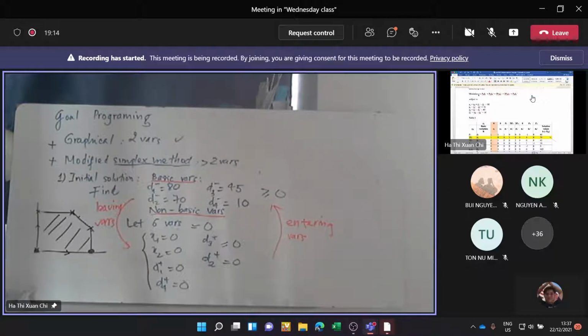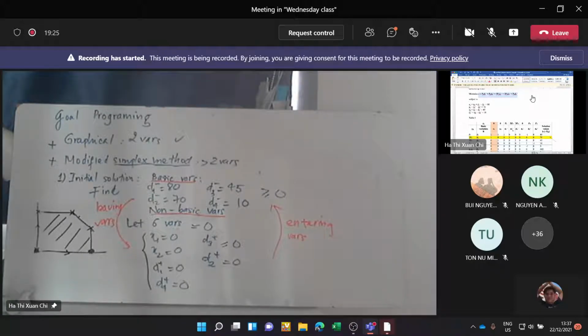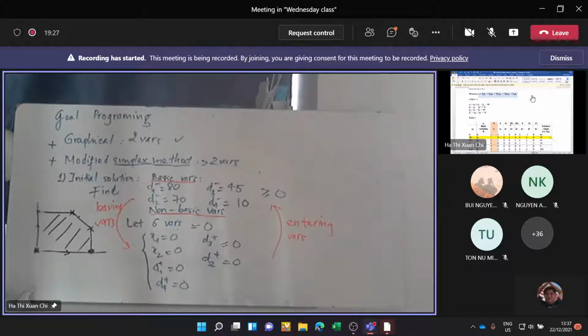Look at the coefficients of the objective. x2, no coefficient. D1 minus has coefficient P1. And D2 has coefficient 5 P3, and 3 P3, 0 for P4, P2. Okay.